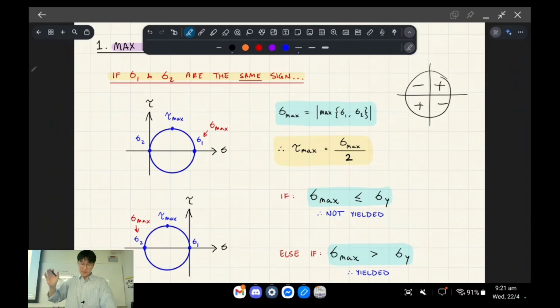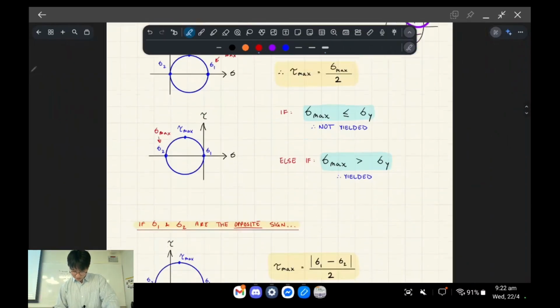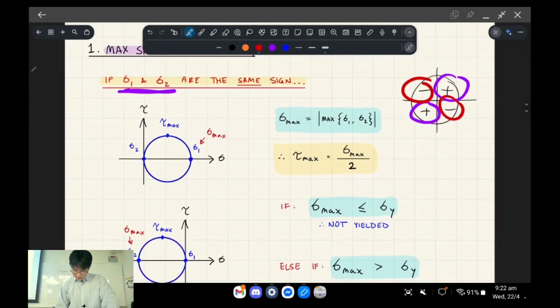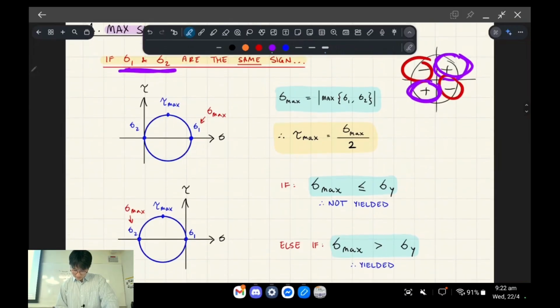So the idea is that if your principal stresses are of the same sign, they fall into one of these quadrants. And if they're a different sign, which I'll show you below, they'll fall into the second and the fourth quadrant, right? So we're looking at the purple ones first.